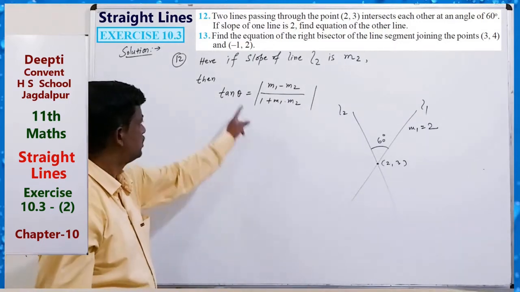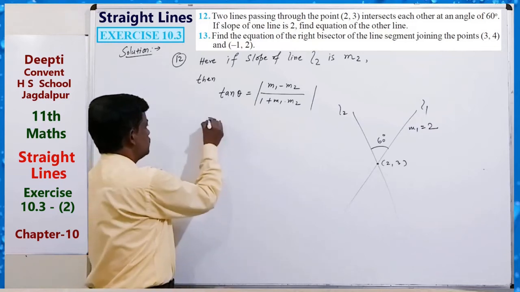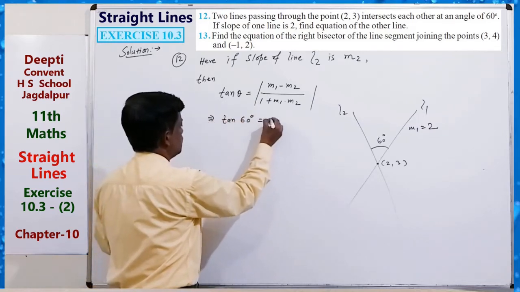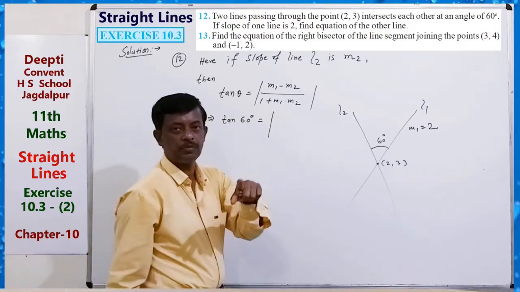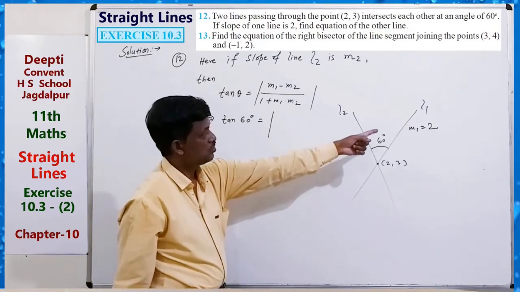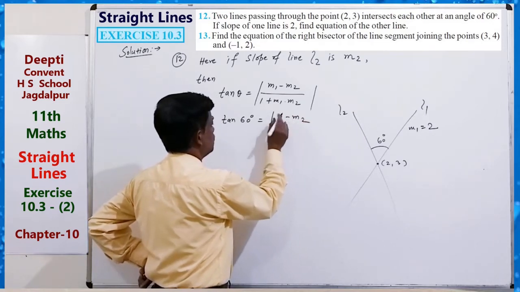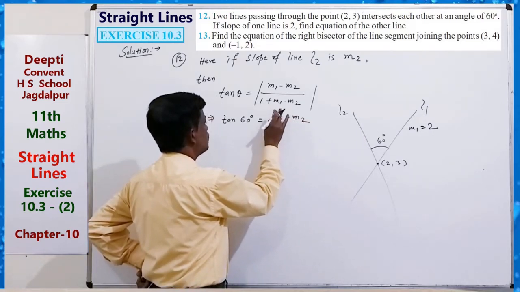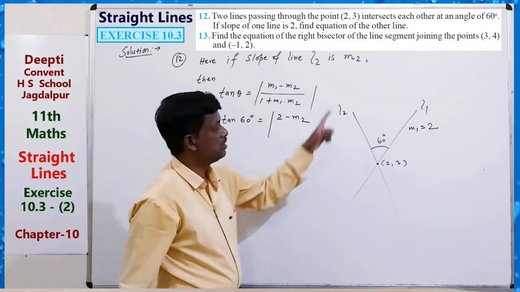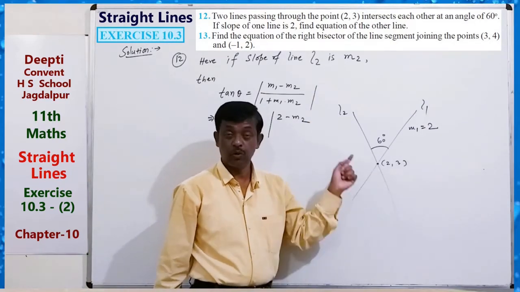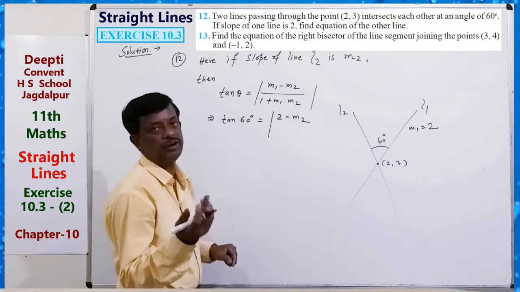Theta is 60 degrees, so tan 60 equals m1 minus m2 upon 1 plus m1 m2. m1 is given as 2, so 2 minus m2. To find the equation of the other line, we require the passing point (2, 3) and the slope m2, which we have to find.